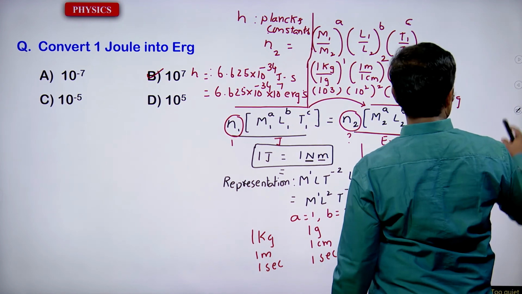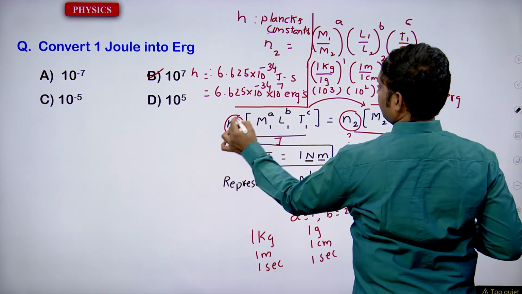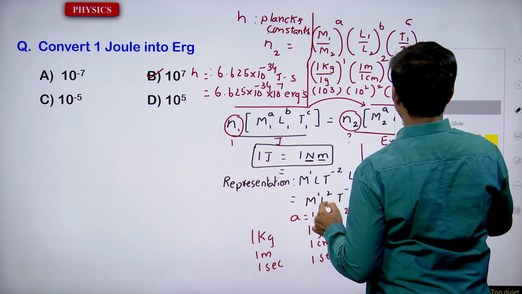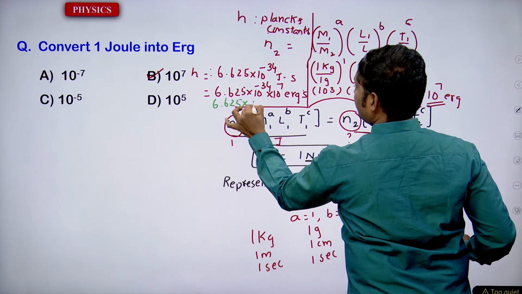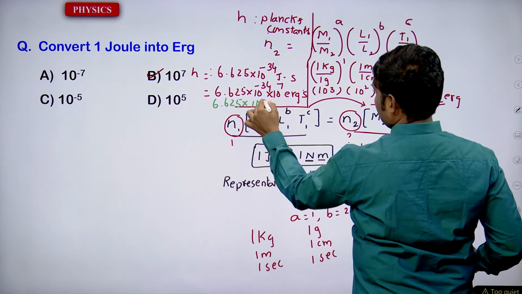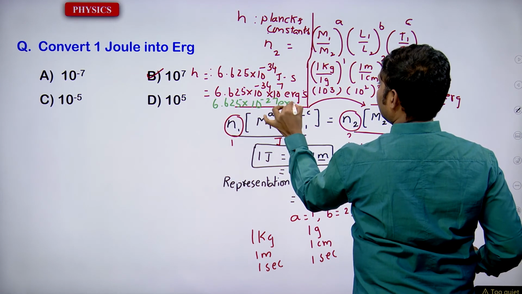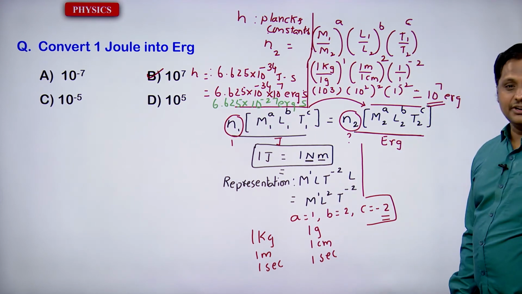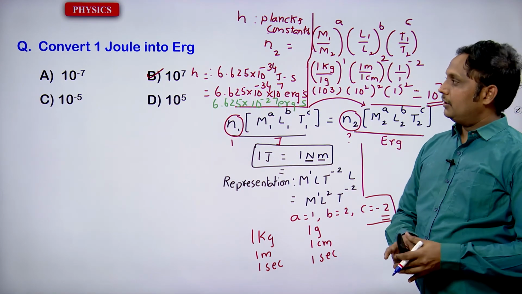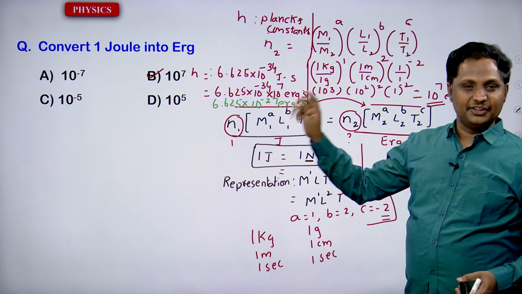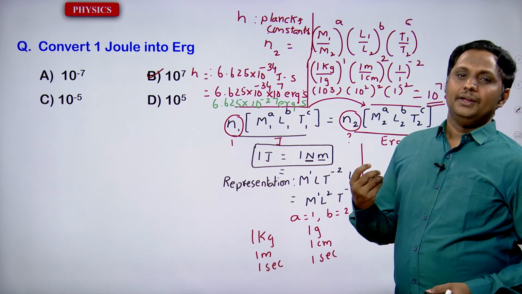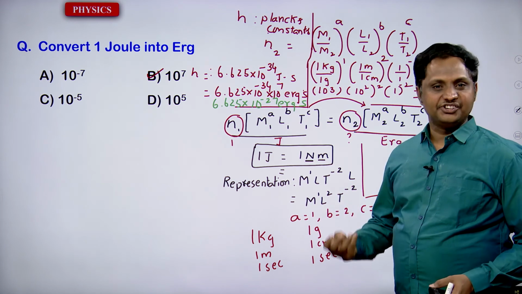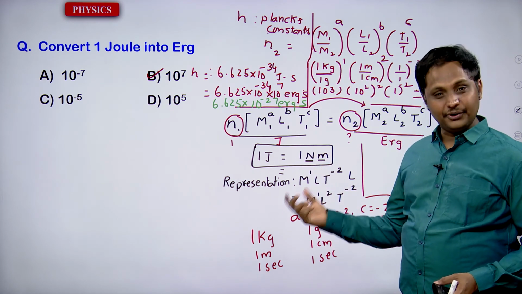So, you will get 6.625 into 10 to the power of minus 27 erg second. In general usage of this joule and erg in the representation of Planck's constant, which is going to have that quanta of energy, we would like to go for this one.